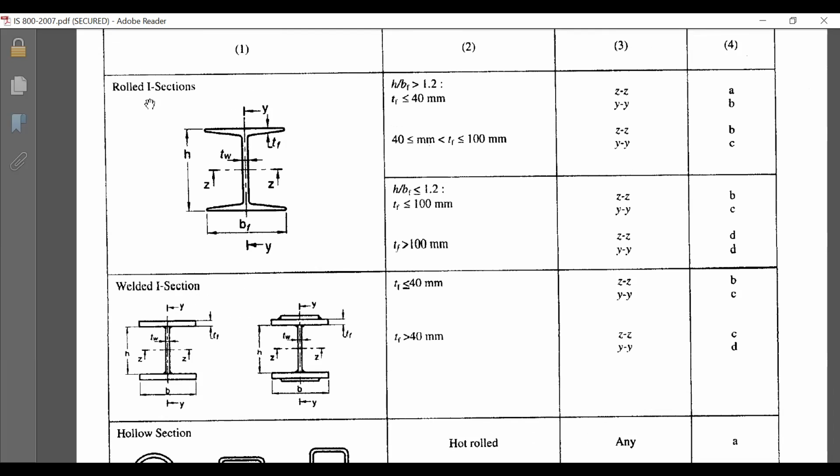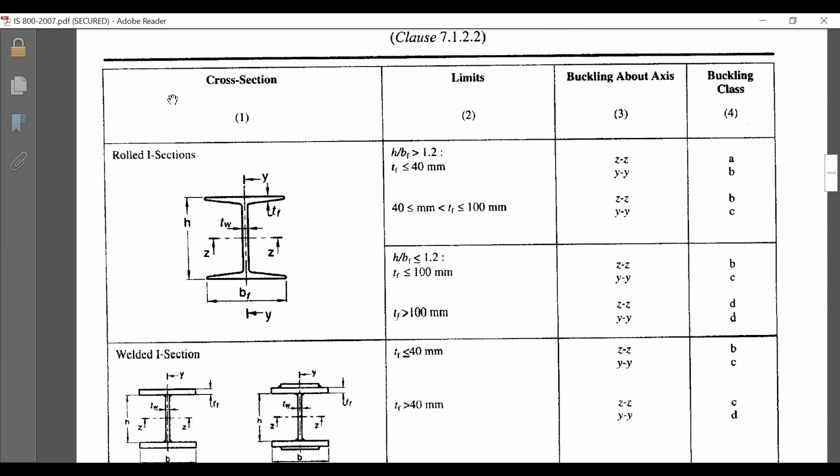Now, for rolled I sections, if you check down, you have two limits. The first limit is h by bf greater than 1.2 and the second condition is h by bf less than or equal to 1.2. You also have other conditions, that is tf, the thickness of the flange, less than or equal to 40 mm, and tf between 40 and 100 mm.